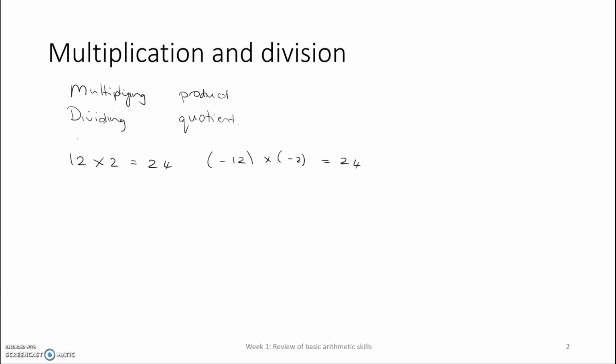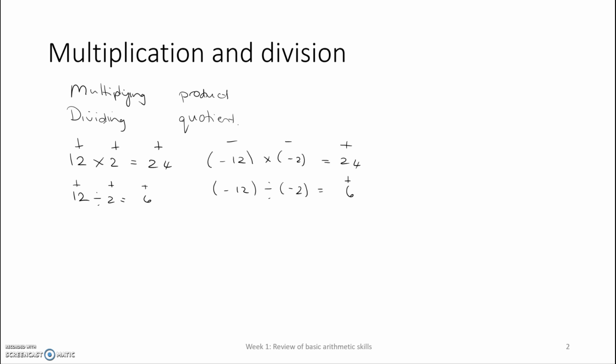So a positive times a positive gives us a positive, and a negative times a negative gives us a positive. 12 divided by 2 is 6, so a positive divided by a positive is a positive, and a negative divided by a negative is also a positive.